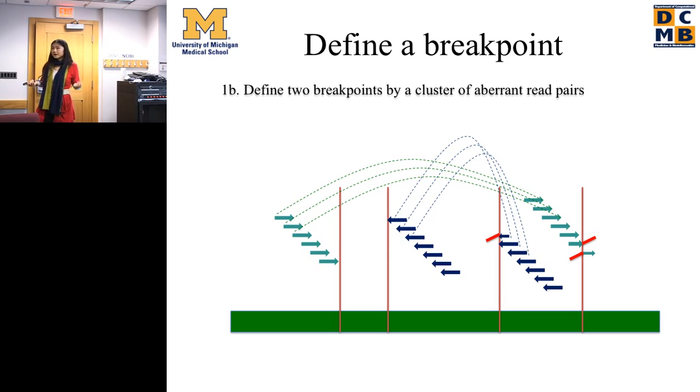And there are so many different possibilities for how the structure is rearranged. If we just run them in one algorithm, it'll take forever to run. So our task here is to define the possible interesting regions, or we can think of them as SV hotspots, where a cluster of breakpoints are defined together.